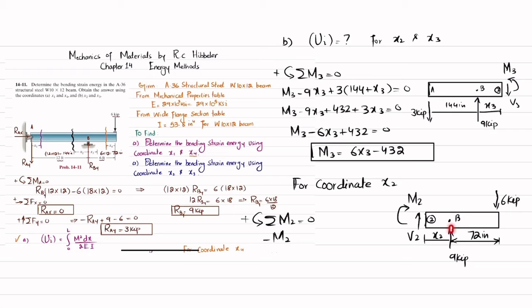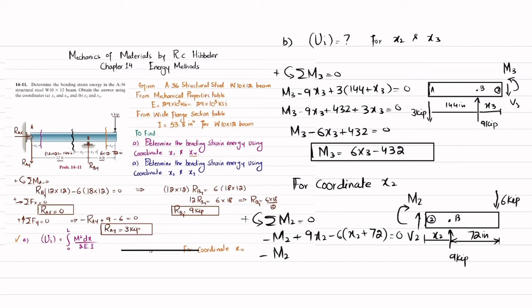The second moment is due to this 9 kip load, and the perpendicular distance is x2, and this is producing counterclockwise moment, so it will be positive, so plus 9x2. And the last moment is due to 6, and the perpendicular distance is x2 plus 72, and this is producing clockwise moment, so it will be negative. So I will write minus 6 into (x2 plus 72), and the sum of all moments about point 2 is equal to 0.